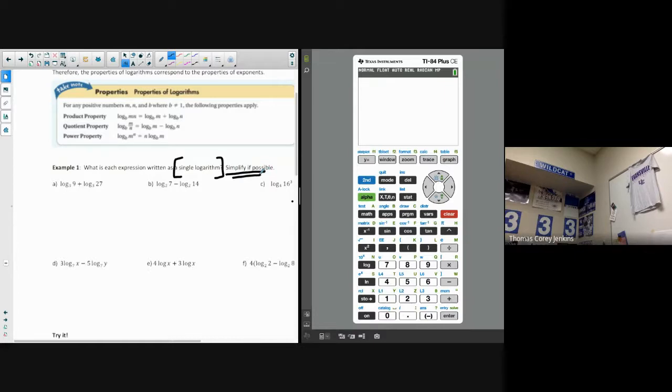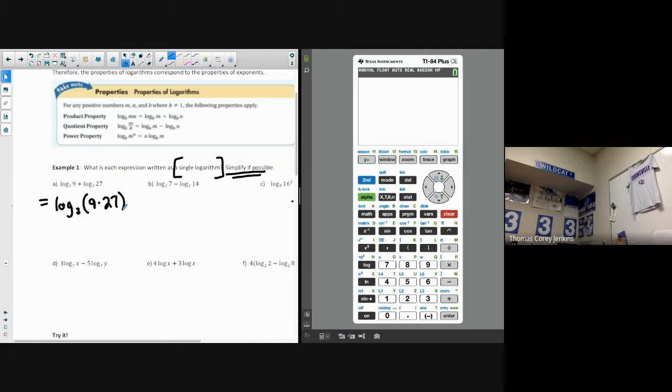All right, let's jump right in. On A, we have log base 3 of 9 plus log base 3 of 27. We're going to apply our rule that says we can just multiply the 9 and the 27. So this is equivalent to log base 3 of whatever 9 times 27 is.